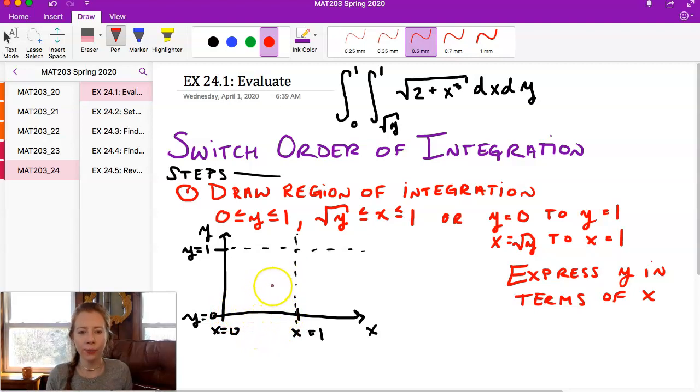And so it's going to be following the curve x equals the square root of y. One more time, so this is going to be x is equal to the square root of y.